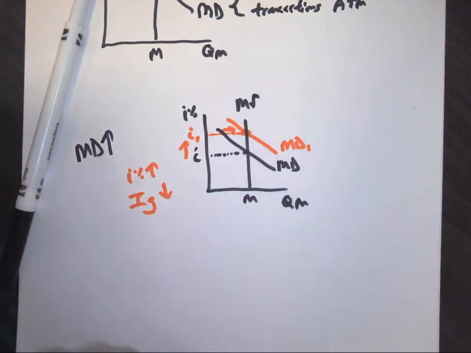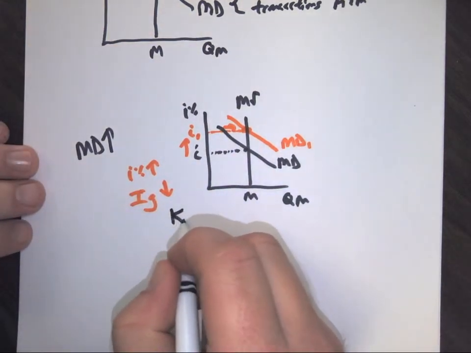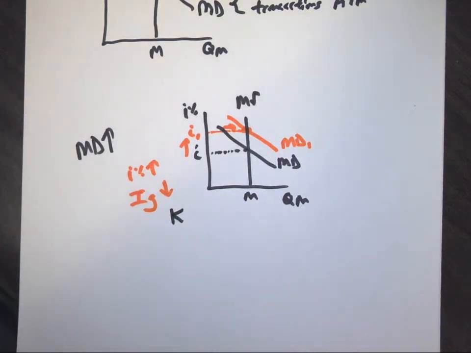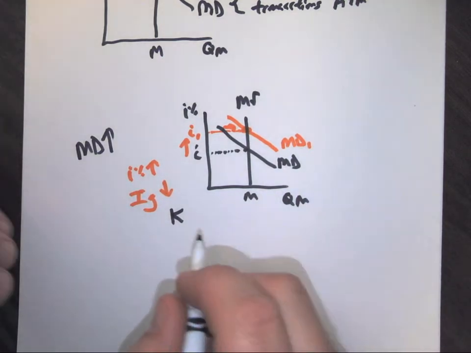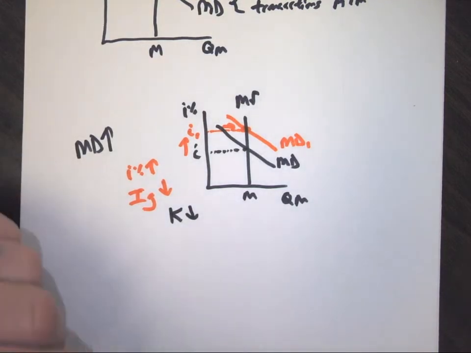That's not a good investment. So investment's going to go down. Remember, investment is where K is for capital, and capital is your capital goods, tools, machines, things like that. They're going to improve your business, buy a new truck for your delivery service, stuff like that. So investment's going to decrease, okay? And then capital would decrease. So high interest rates, not real good for the economy.